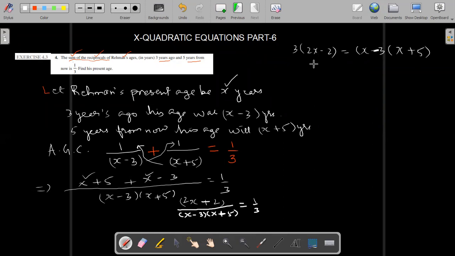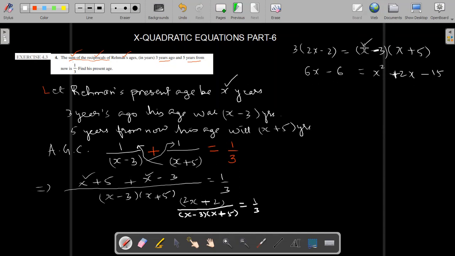We get 6x plus 6 is equal to x square plus 5x minus 3x minus 15. Directly I use the formula x square plus a plus b x plus ab.